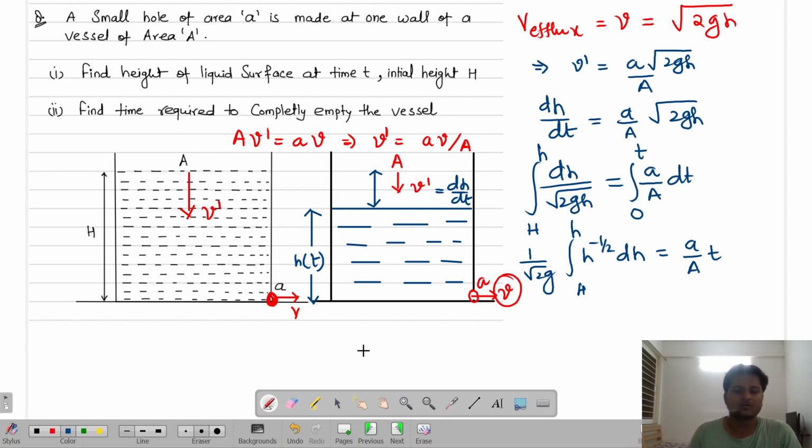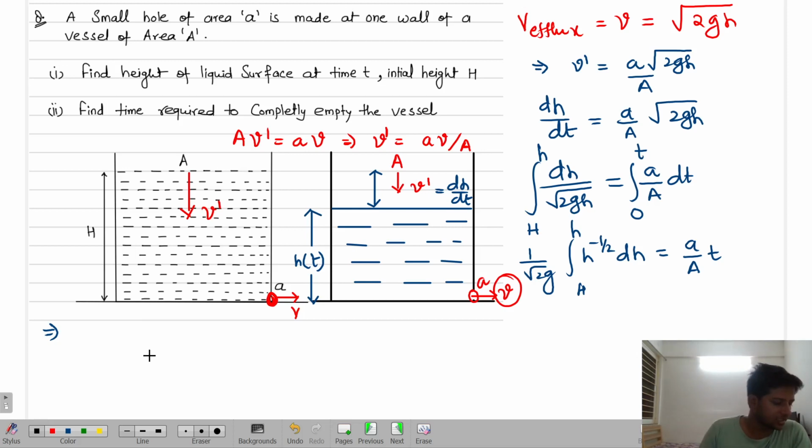The integration is your task to do; I'm just writing the direct form. Remember this integration trick: the integral of 1 by root x dx is always root x.